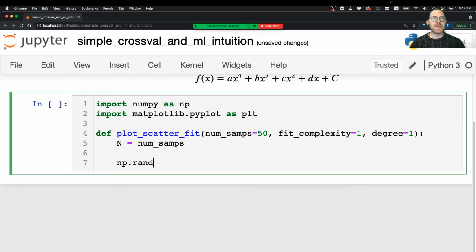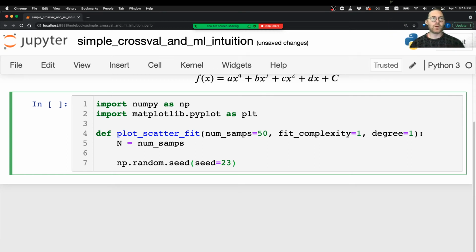And then I'm going to do this thing that many of you might be familiar with, but many of you might not. I'm going to make our random determined. What that means is that I'm going to generate random points, but I'm always going to generate them in the same way.